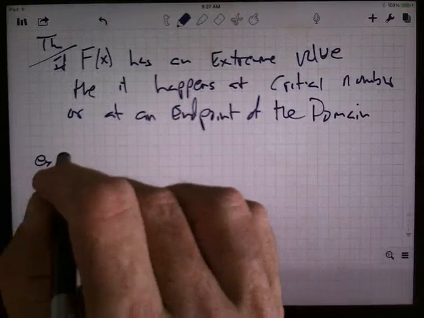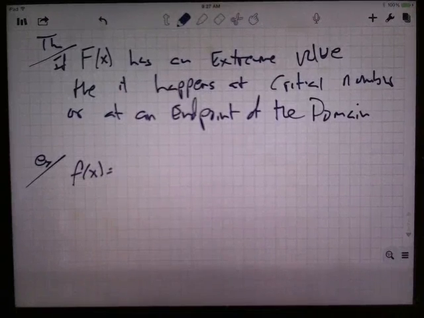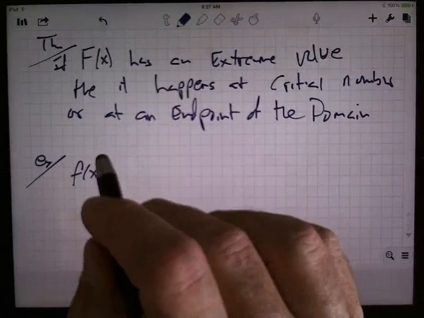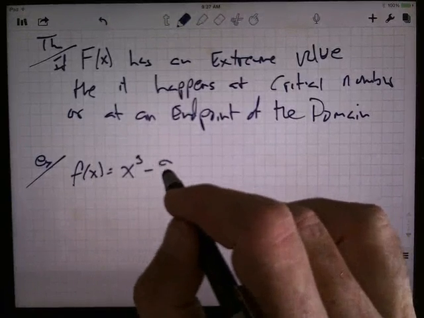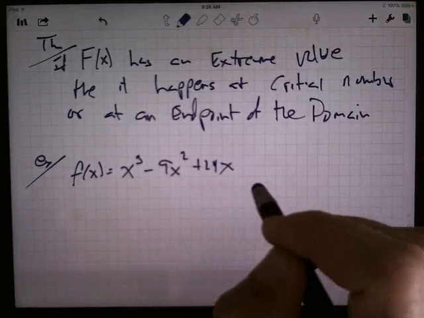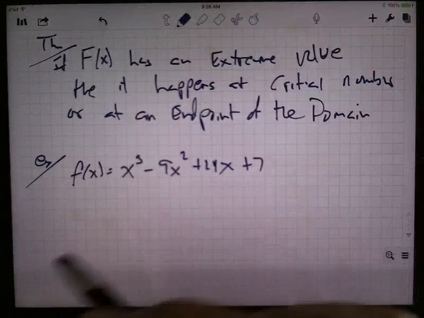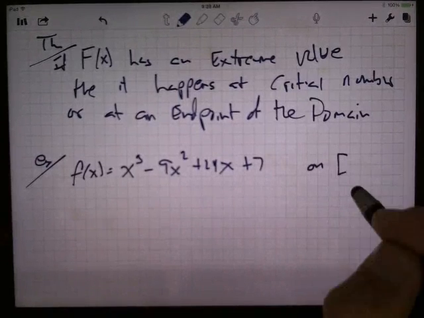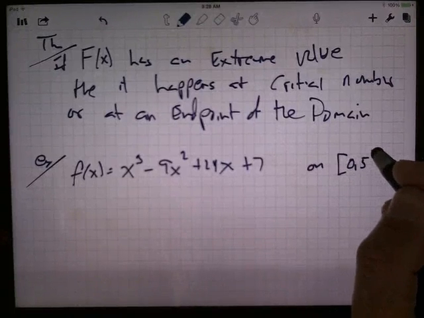For example, here's a function. F of x equals, let's do x cubed minus 9x squared plus 24x plus 7. All right, and I'm going to give you the interval from 0 to 5.